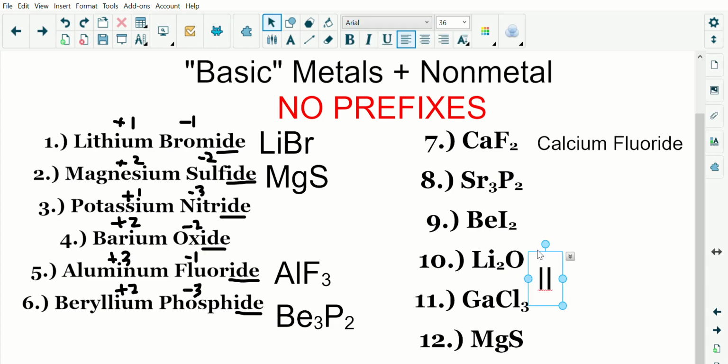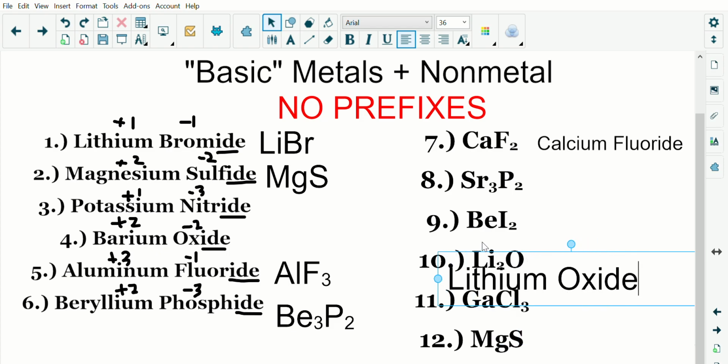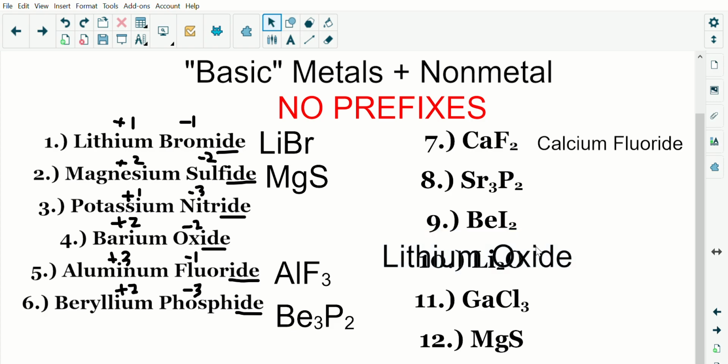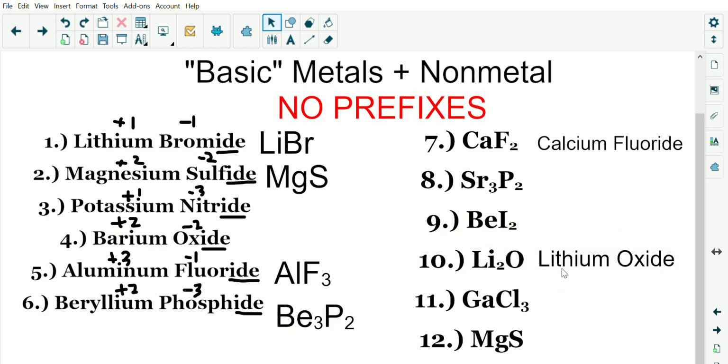This one is lithium. And oxygen is oxide. Again, no prefixes. And that's really how these work.